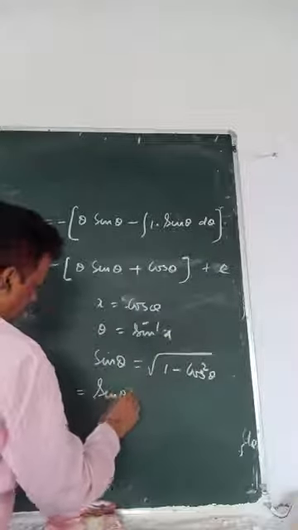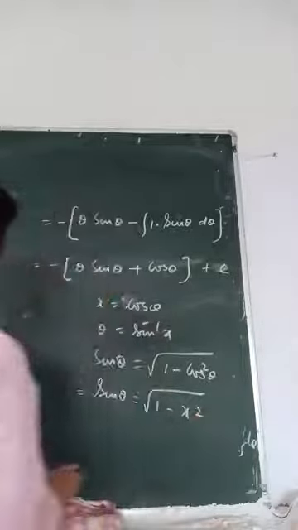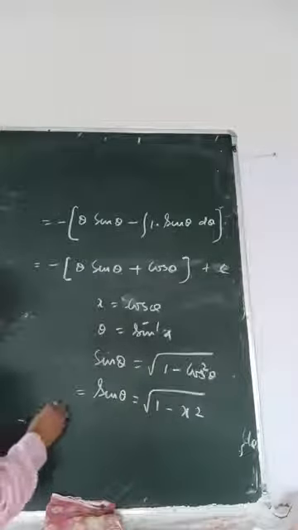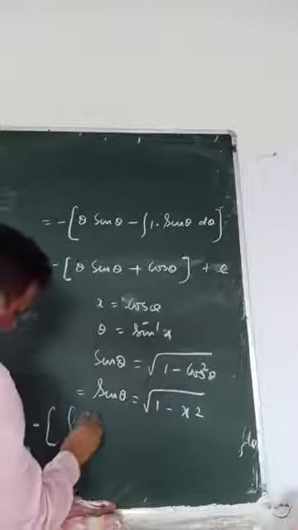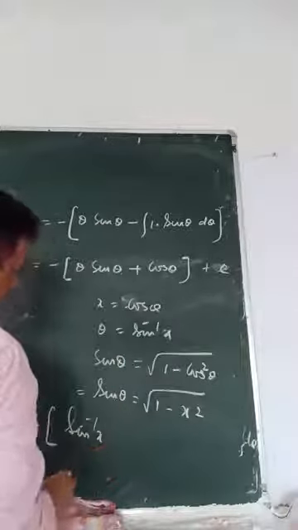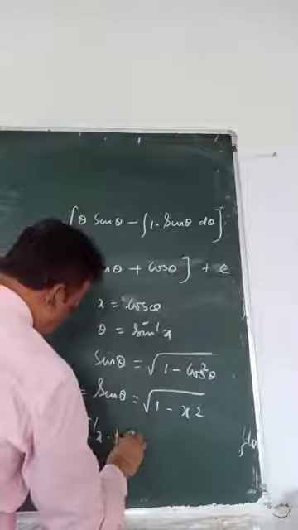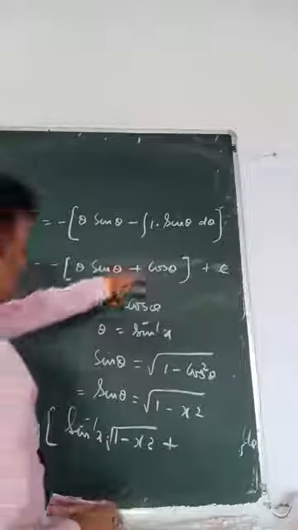Sin theta equals root over of 1 minus x square. So it is minus cos inverse x into root 1 minus x square plus cos theta, which is x.